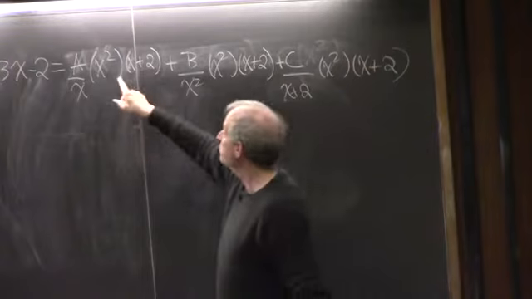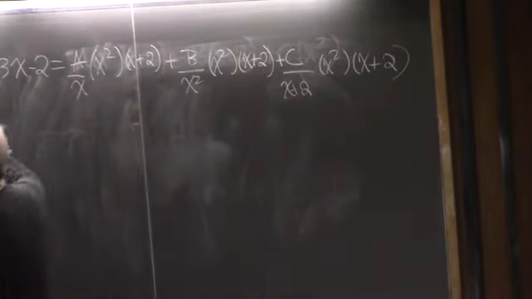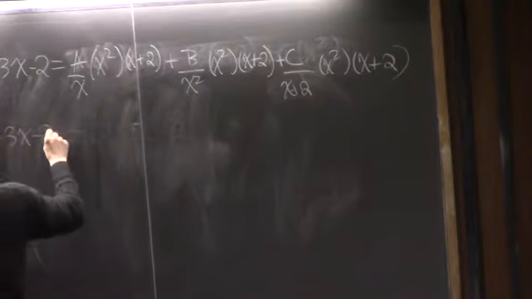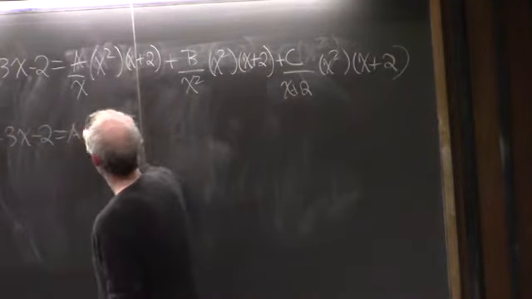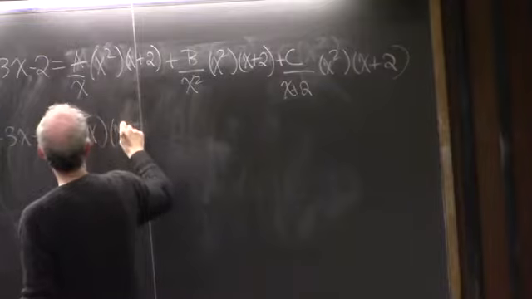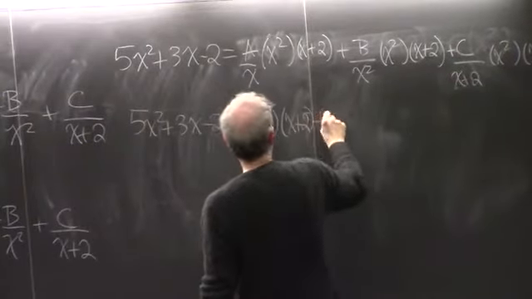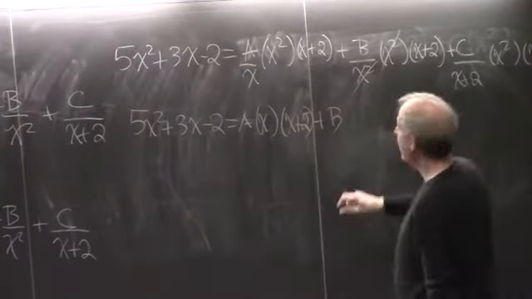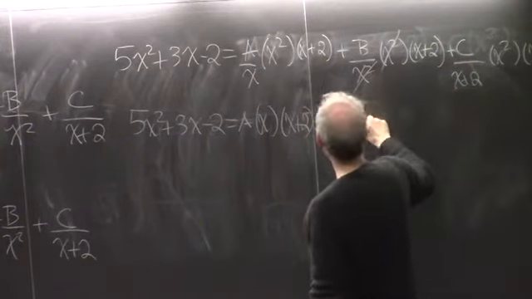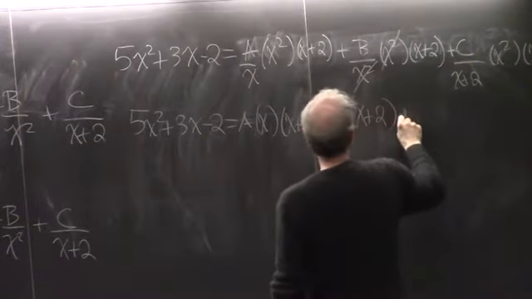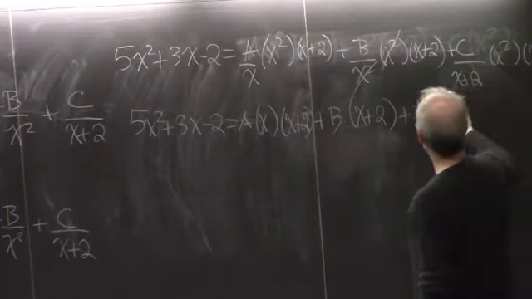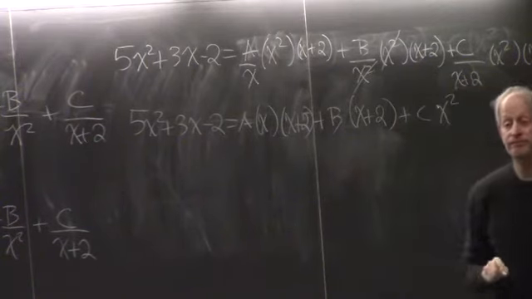And in the first one the x's cancel. So you get 5x squared plus 3x minus 2 equals a times x is x plus 2, plus b, the x squareds just cancel, this times x plus 2, and c, the x plus 2's cancel, and c is just multiplied by x squared.